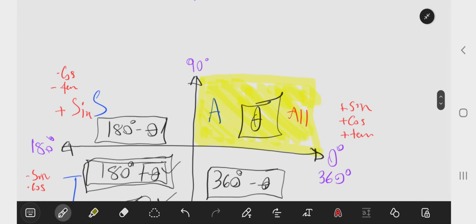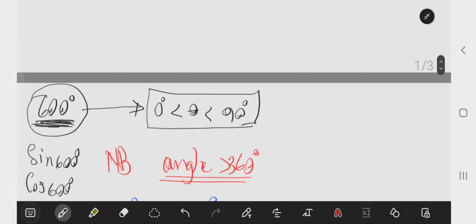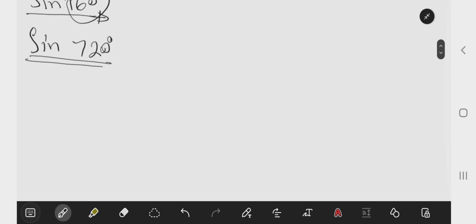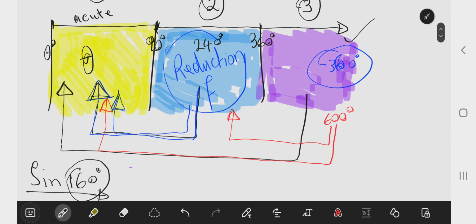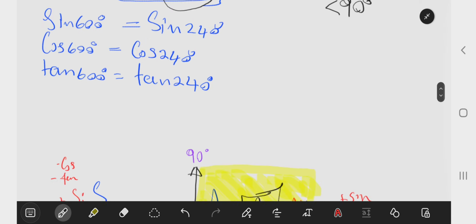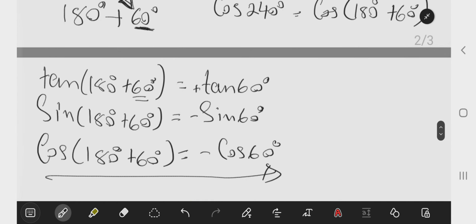So that is how you reduce angles which are between 90 and 360. But then for angles that are greater than 360, you just subtract 360 and then you see where it lands, right? So now let us check that tan 60 that we got.